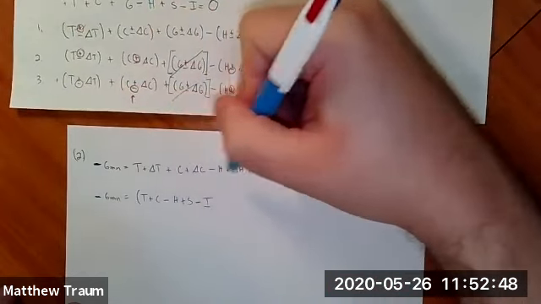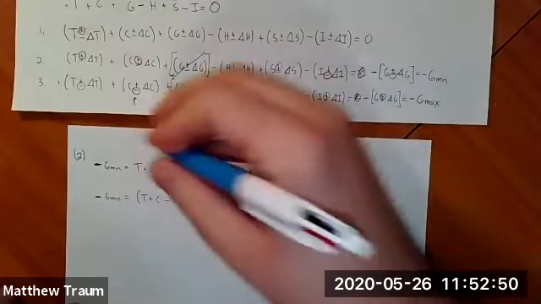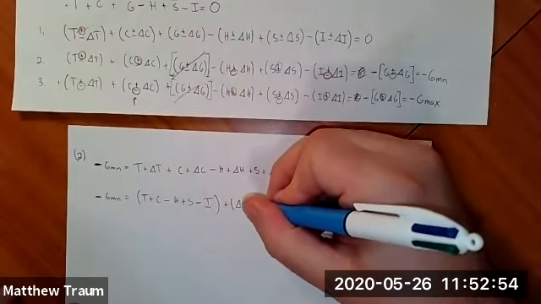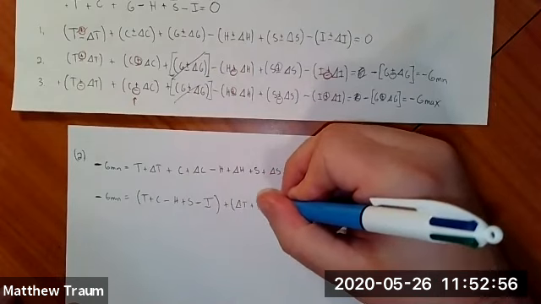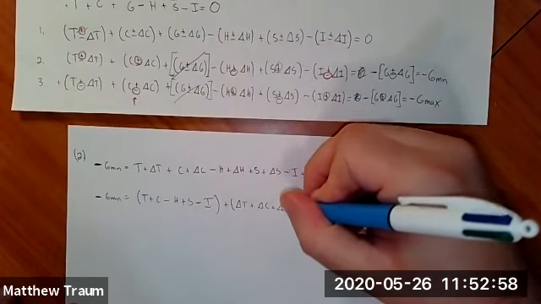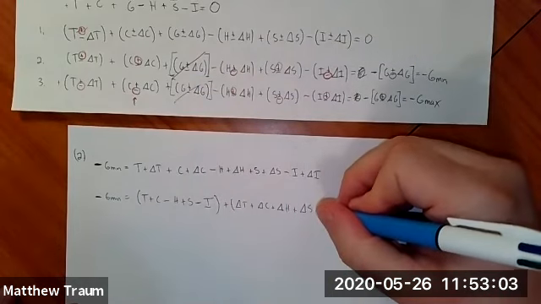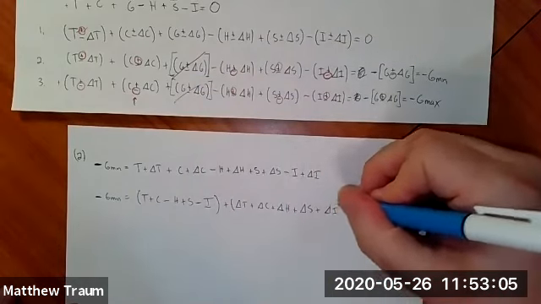T, C, H, S, I. Yep, okay. And then I'm going to add delta T plus delta C plus delta H plus delta S plus delta I.